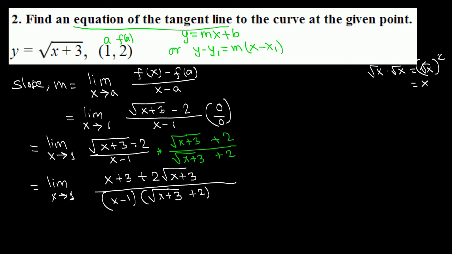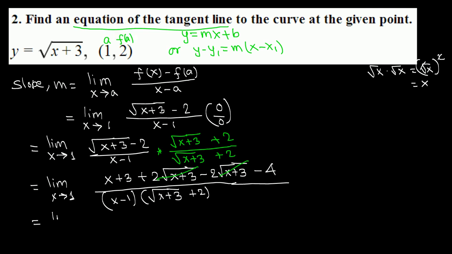Second to first, so minus 2 square root of x plus 3, and finally negative 2 times positive 2, that's negative 4. Since we are trying to simplify the top, if you look at the middle two terms, these two cancel, and 3 minus 4 is negative 1.